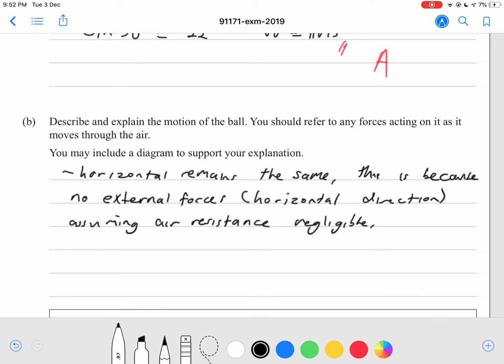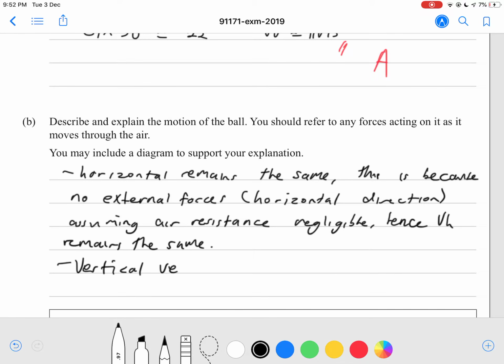Hence, you can just say the horizontal velocity remains the same for the whole flight. So, hence, VH remains the same. Okay, talk about how the vertical velocity will change.